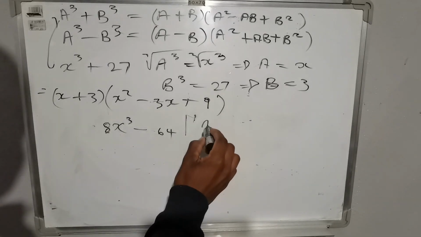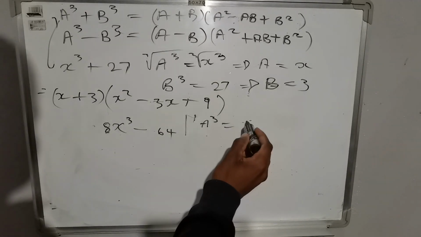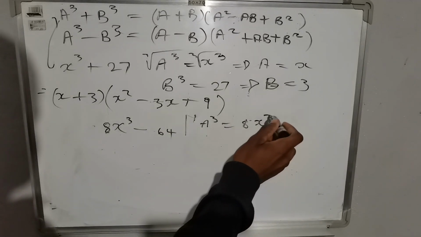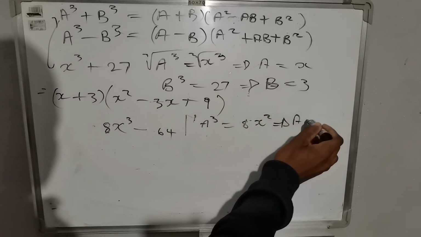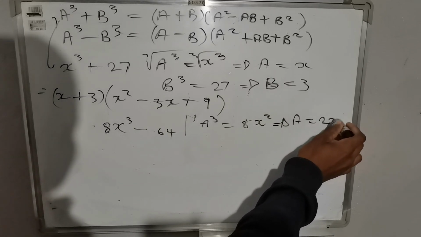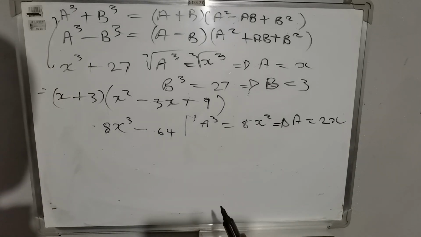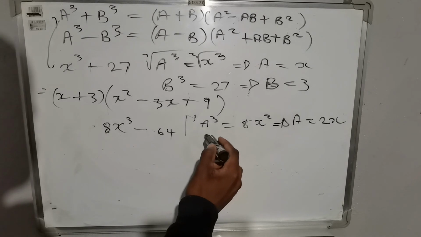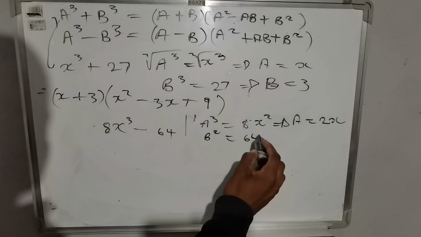This would be our a cubed, 8x cubed. So this makes a be 2x, right? Because the cubed root of 8 is 2. B cubed would be 64, right?